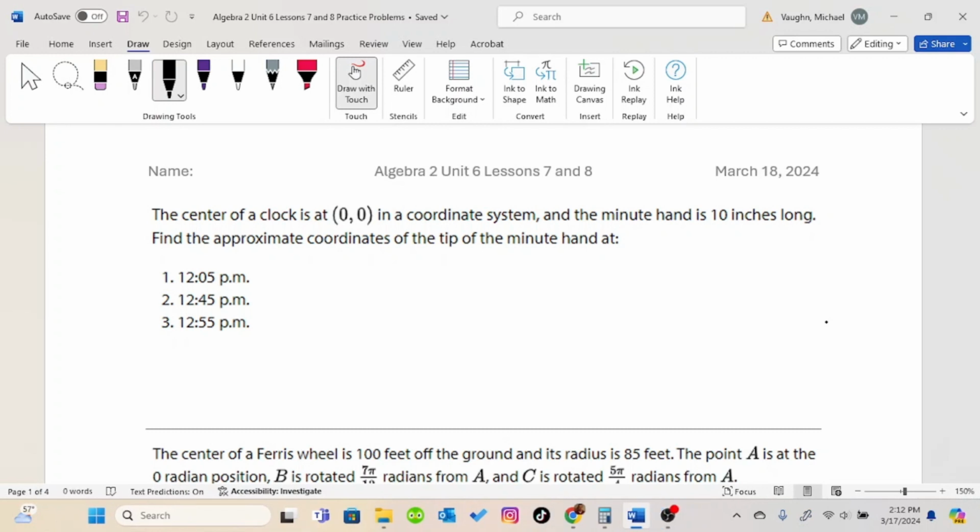So to help out with this, we have a clock.